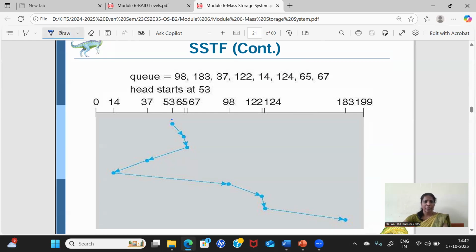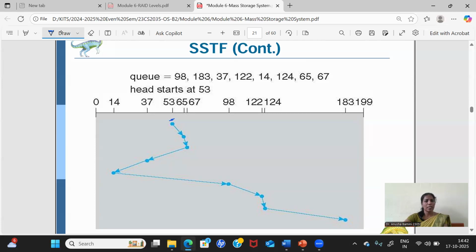So from 53, what is our concept? Shortest seek time first. I'm checking from 53 whether 65 is the shortest distance or 37 is. Comparing both distances, 65 is nearer, so I am going from 53 to 65.